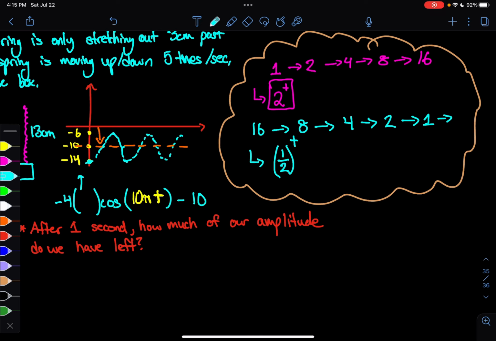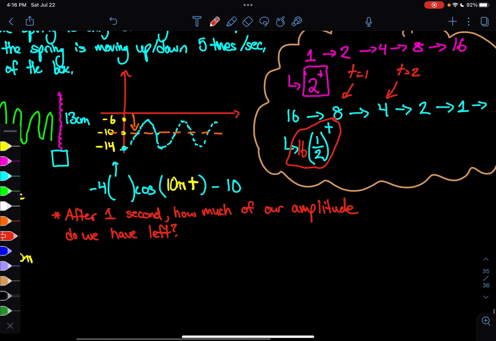And notice this doesn't equal 16. What we need to do is put a 16 in front of this. So when t is equal to 0, we're going to have 16 bacteria. But when t is equal to 1, we're going to have half the bacteria. And when t is equal to 2, we get 1/2 squared, which is a fourth, and a fourth of 16 is 4. So this is how we would represent something like that.